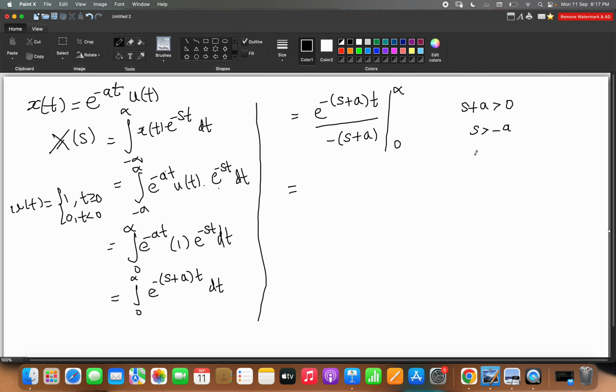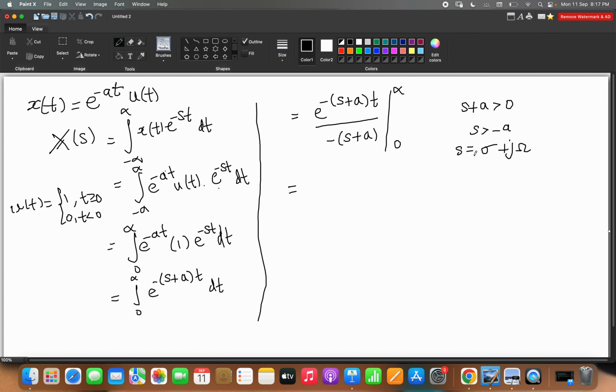Okay. Since s is equal to sigma plus j omega, s is a complex number, where sigma is the real part and omega is the imaginary part. Here we will consider a as a real number.